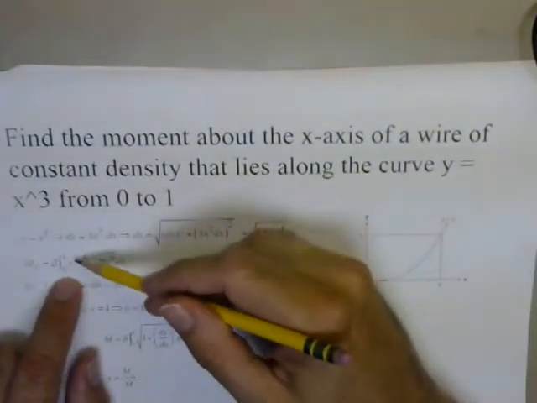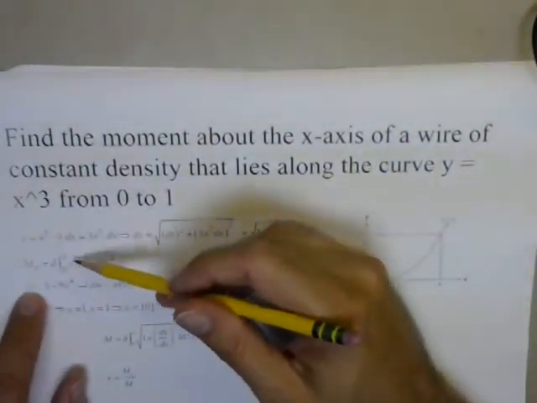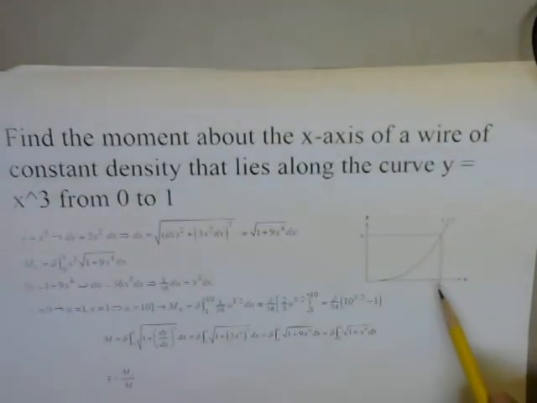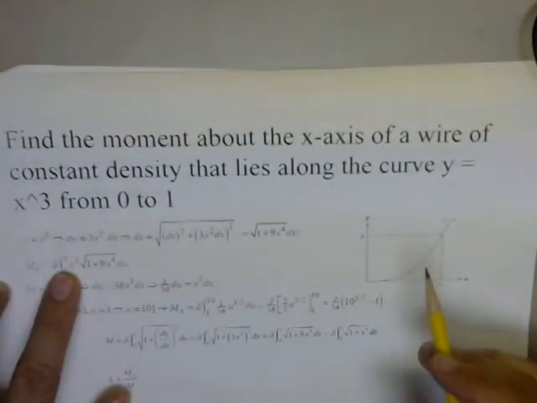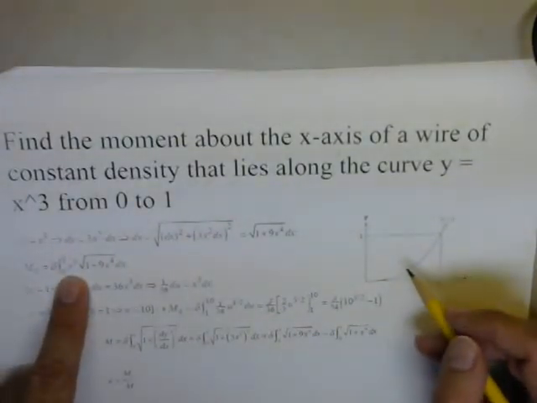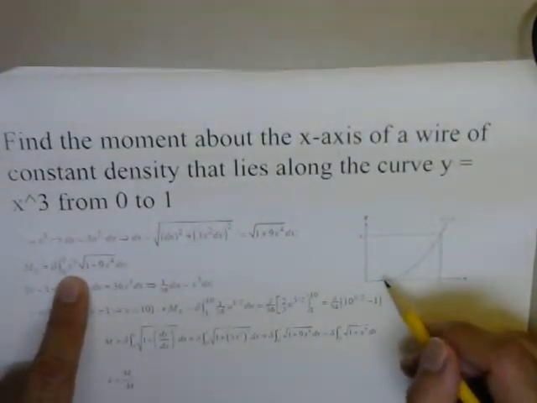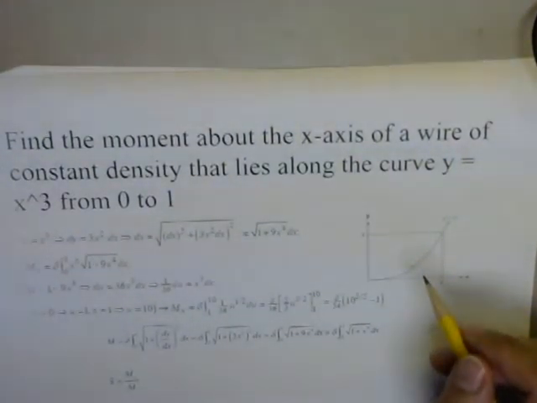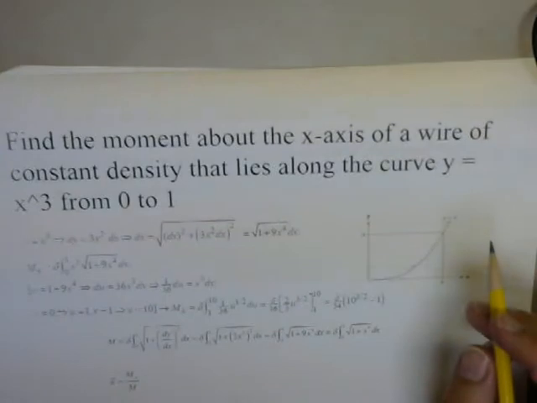So this will be your curve here, and you're integrating this from 0 to 1, or sorry, we're going in the x direction here, from 0 to 1. So think about what is the distance of this particular point from that point.